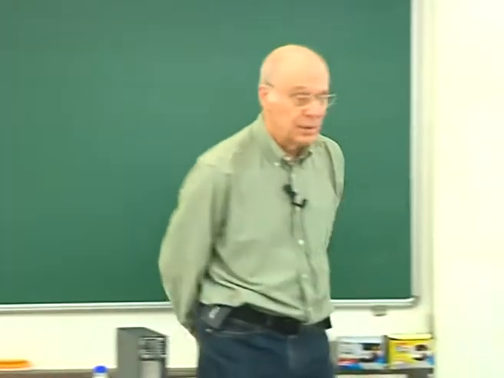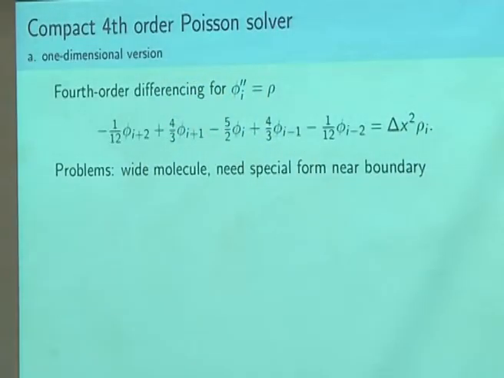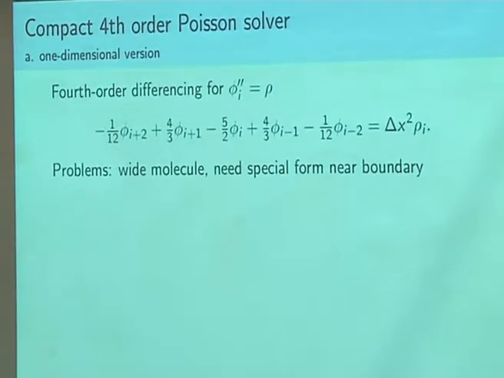So, our Poisson problem, it crops up all the time, so it crops up in the lectures from time to time. We'd like to make a fourth order accurate Poisson solver, and I'm starting in one dimension to get the idea across, and then we'll switch to 2 dimensions, which is a little more complicated. So in 1 dimension, the Poisson equation is 2 derivatives of phi equals rho.